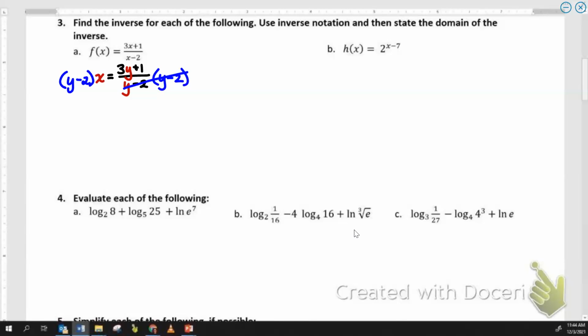This guy right here is 1/3 natural log of e. So this whole thing would simplify to just be 1/3. So I have negative 4 minus 8 plus 1/3. So negative 12 plus 1/3. The answer is negative 11 and 2/3.